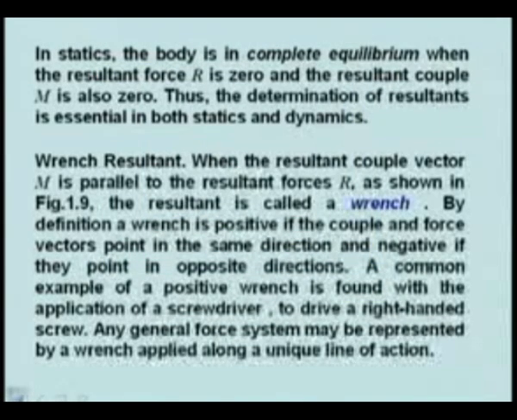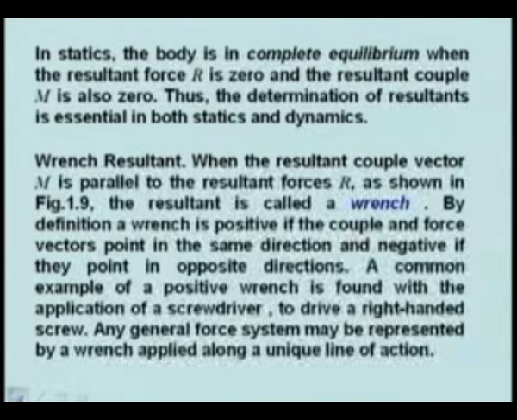So, when the resultant couple vector M is parallel to the resultant force R as shown in the figure, the resultant is called a wrench. By definition, a wrench is positive if the couple and force vectors point in the same direction and negative if they point in opposite directions. A common example of a positive wrench is found with the application of a screwdriver.